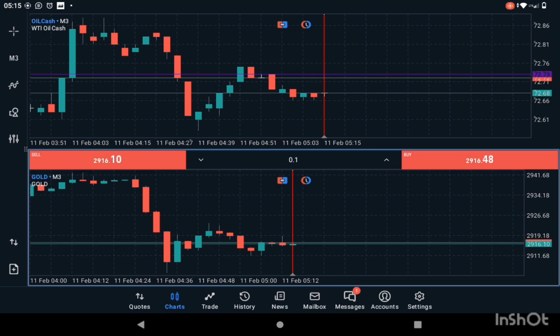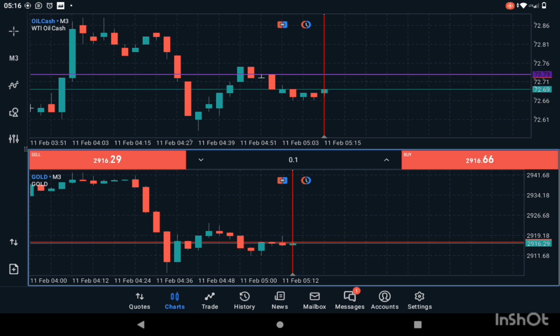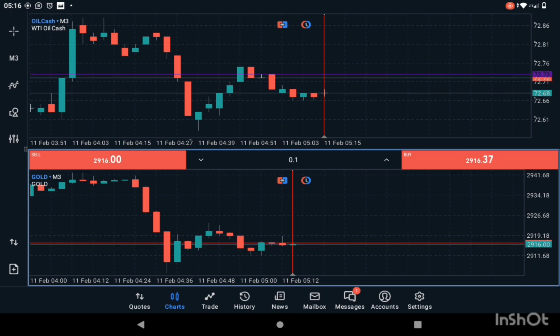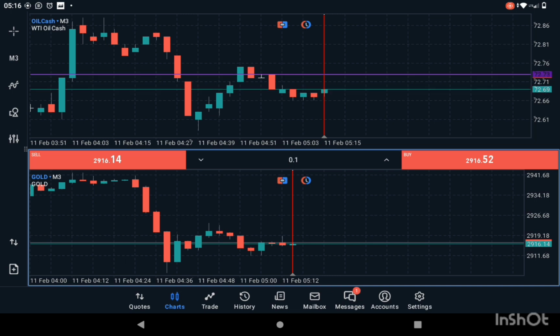I don't use that because they are accessed on the TradingView platform, and my broker is not supported with TradingView. So this is how I trade in an old-fashioned way.